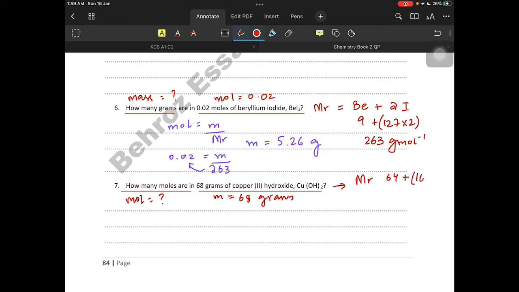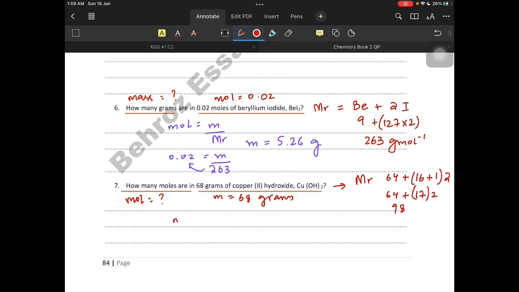So it's going to be 16 for oxygen, 1 for hydrogen, 17 times 2. So essentially it becomes 34 plus 64. We find the molecular mass, and it turns out to be 98 units.